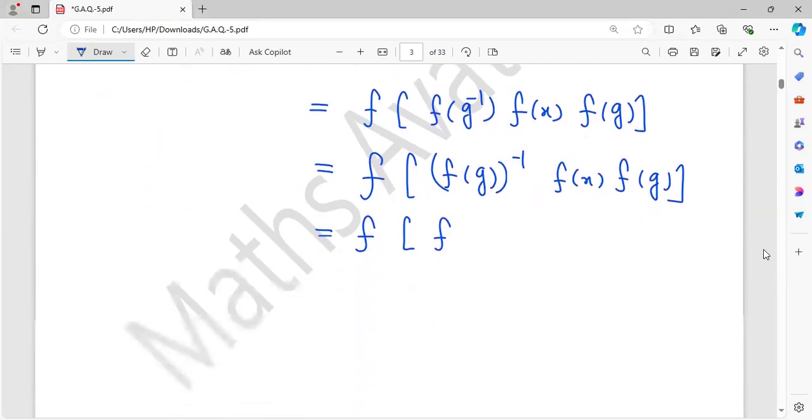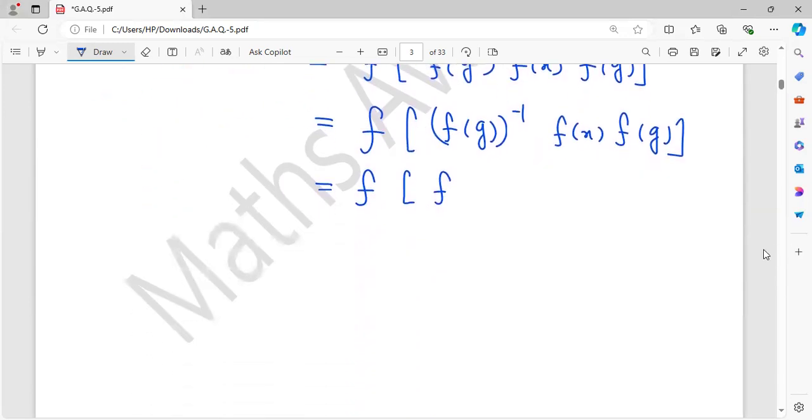This is behaving like an inner automorphism by f(g), and this is x. Okay, but f commutes with inner automorphism.